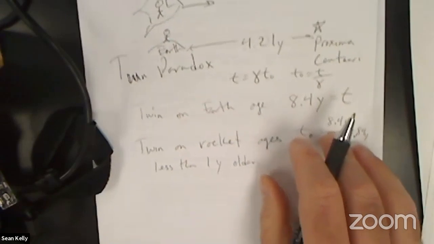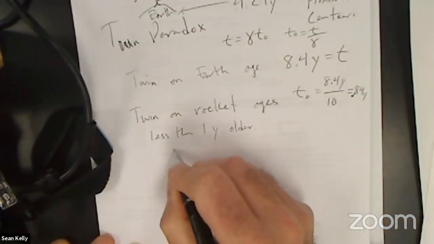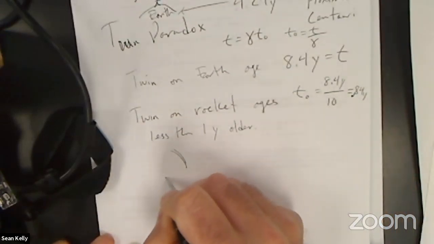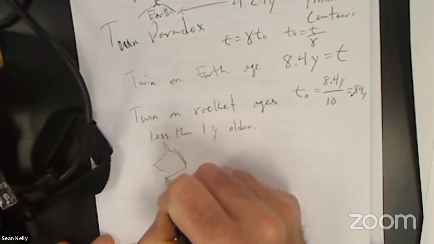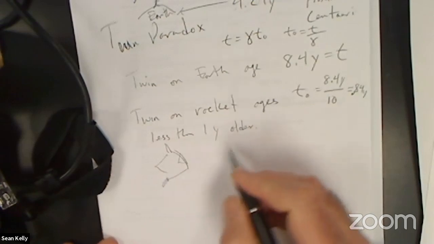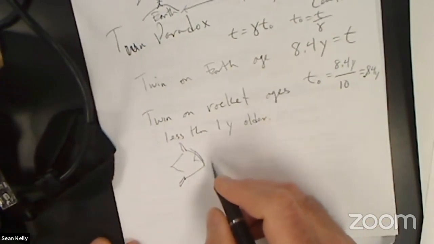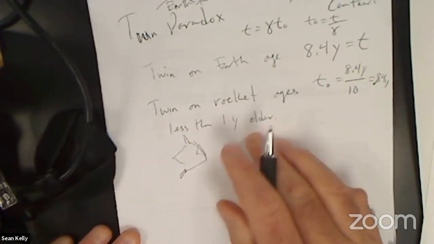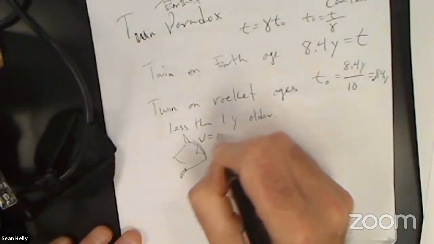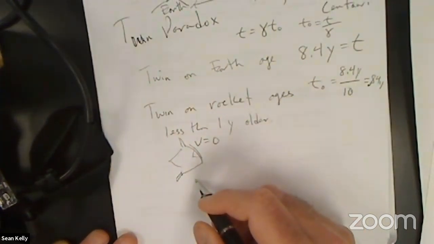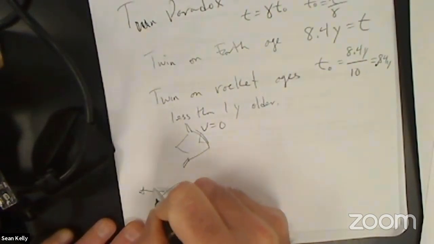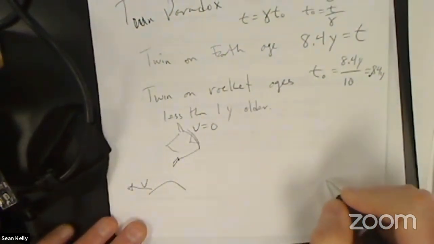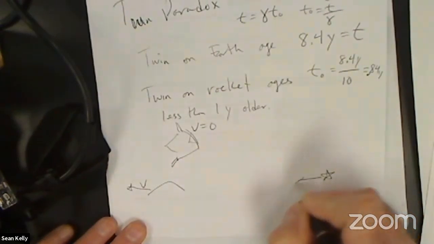The twin paradox is that if you are in the perspective of the twin on the rocket, and you watch what's going on, you don't see yourself moving. What you see is the Earth moving backwards, and the star moving towards you.